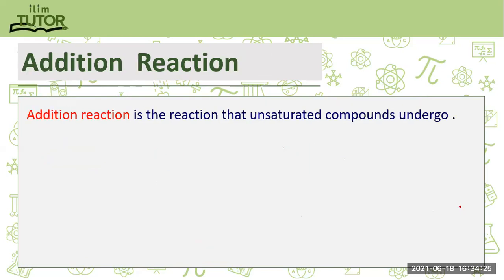Now, in the case of addition reaction, this is characterized by unsaturated compounds, which are alkenes and alkynes. In this case, we will add a substance to them. It can be hydrogen; you can just hydrogenate. Take for instance, I have this.